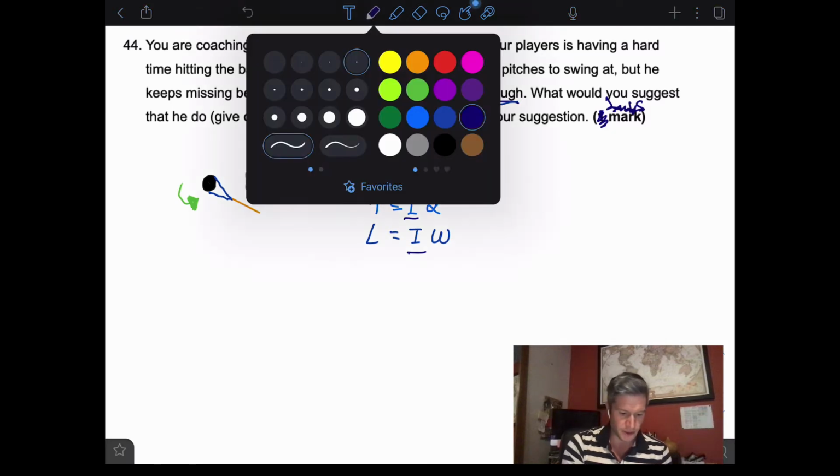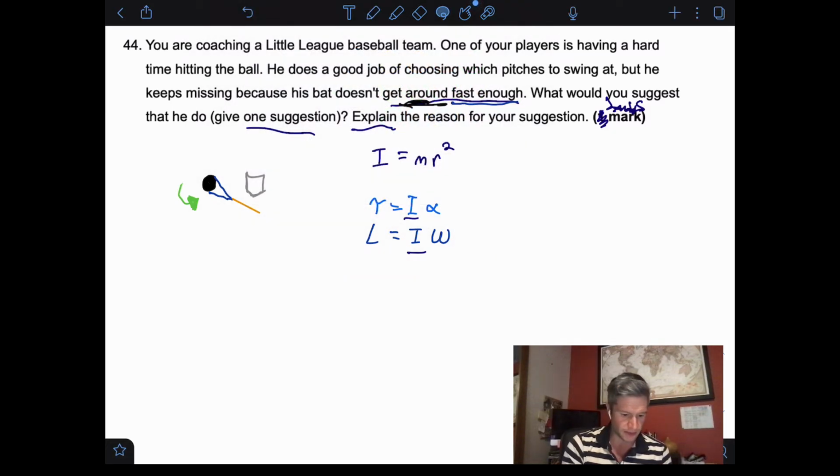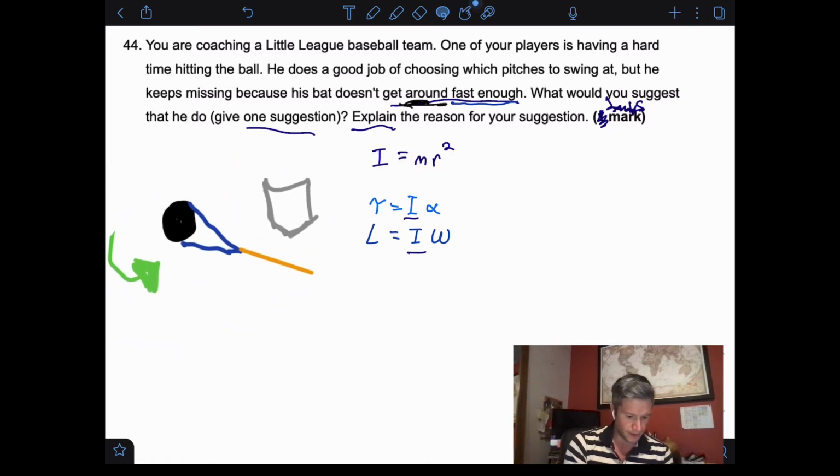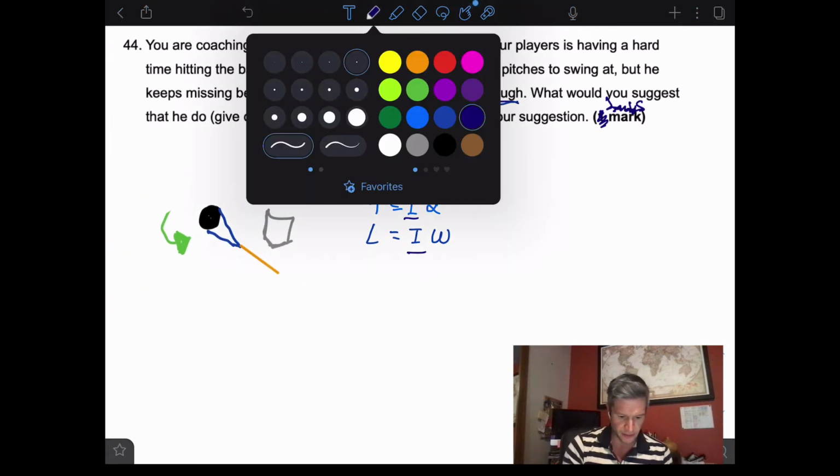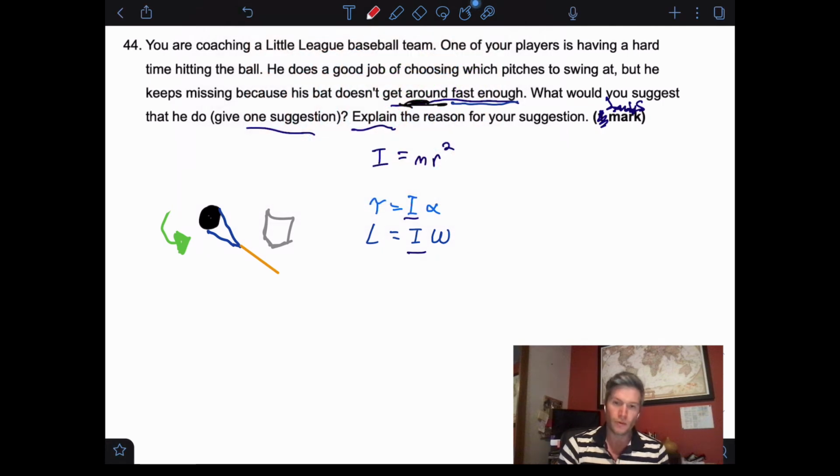So let's go back to our little schematic here. I'm going to try something. Let's see if I can blow this up bigger. Okay, there we go. Great. So in this scenario, one of the things we're trying to do is change something. So give a suggestion to help get a bat around fast enough.